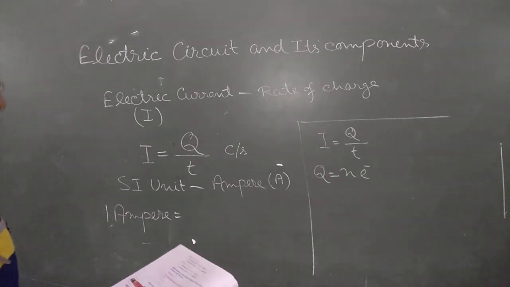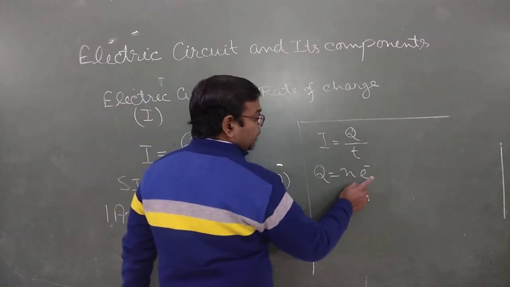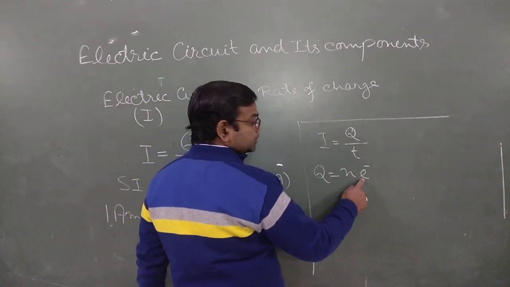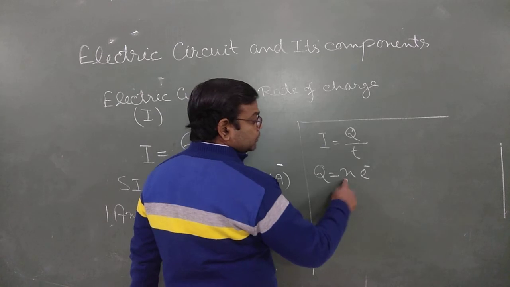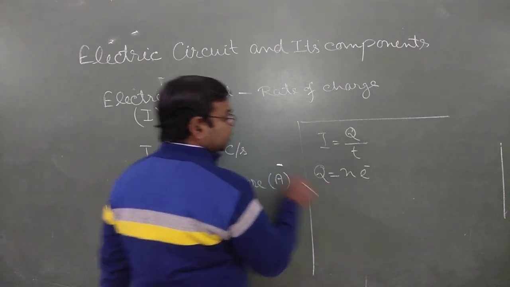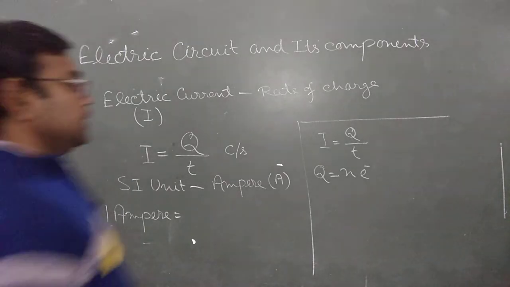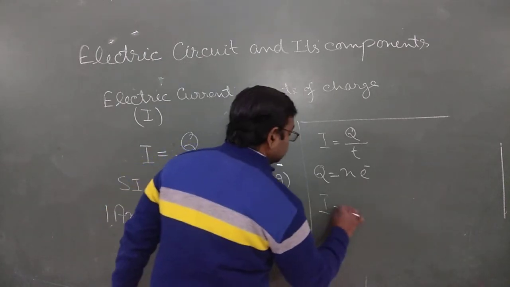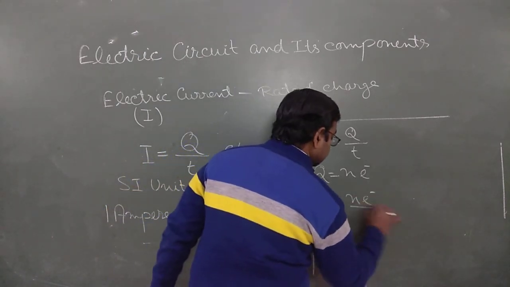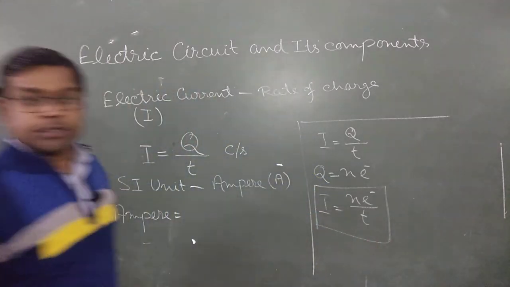If n electrons flow, each with charge e, the charge is n into e. So Q equals n e, and then I equals n e upon t. This is required for your higher classes, 9th and 10th.